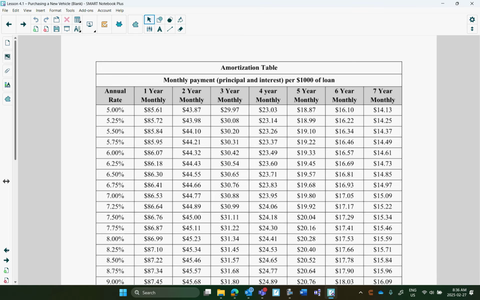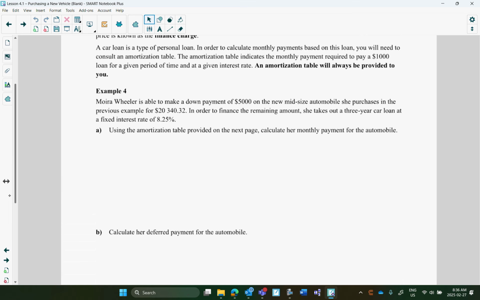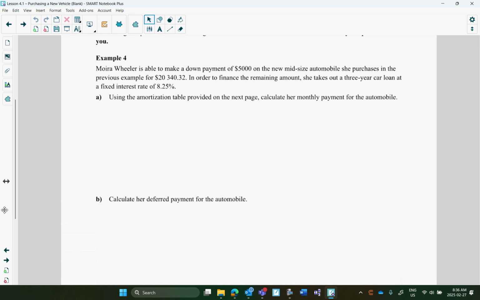Okay. So as an example, we've got one right here. She's able to make a down payment of $5,000 on a new mid-sized automobile that she purchases for $20,340.32. In order to finance the remaining amount, she takes out a 3-year car loan at a fixed interest rate of 8.25%. So this tells us where we have to look on the amortization table.